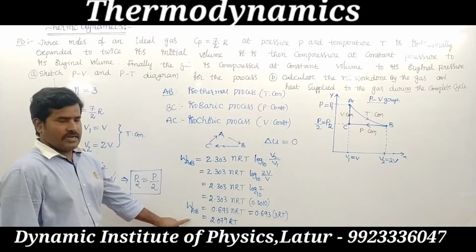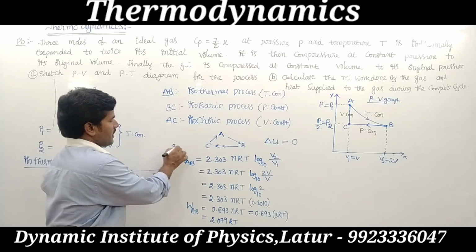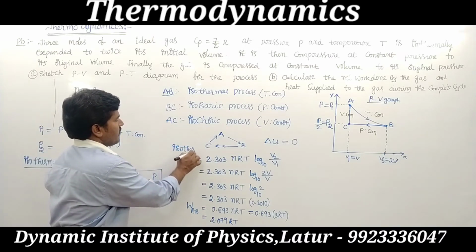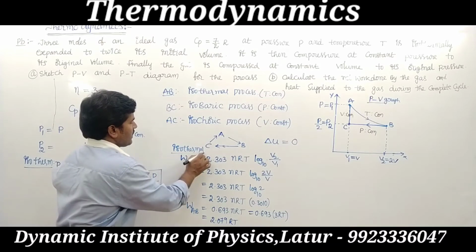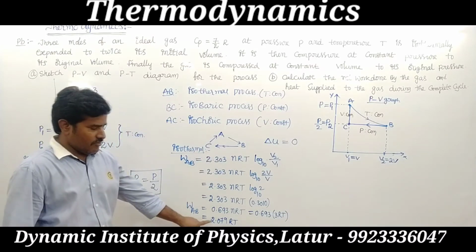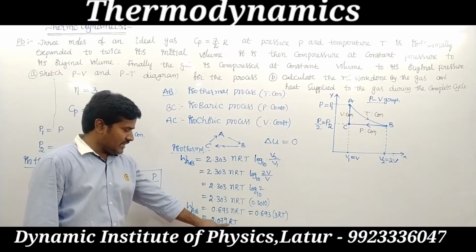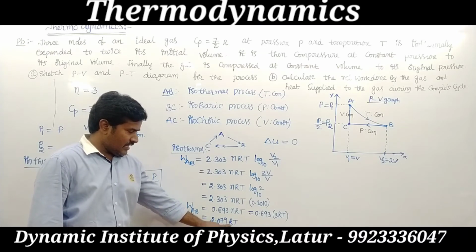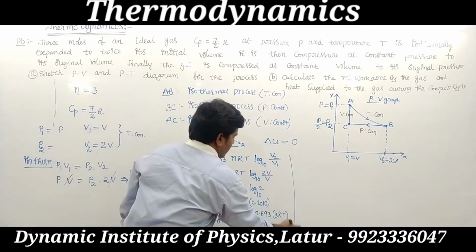This is the work done in the isothermal process, work done in isothermal process is 2.079 RT.